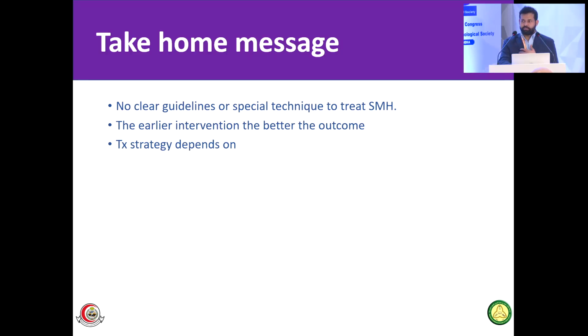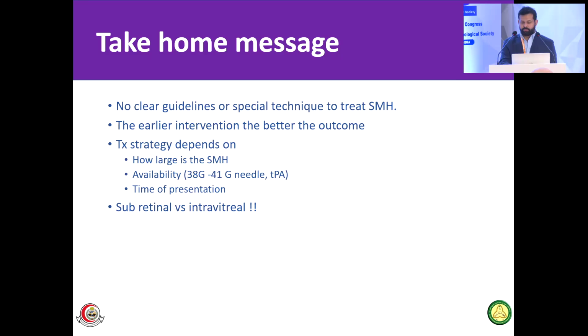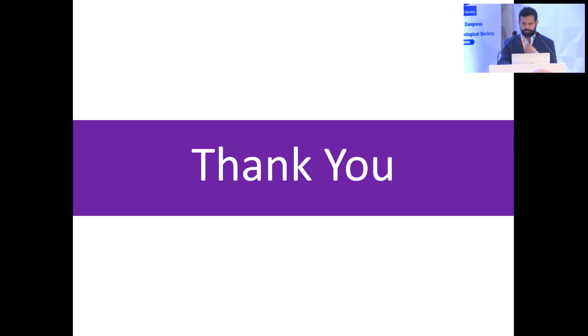Treatment strategy depends on how large the submacular hemorrhage is, the availability of the instruments that you can use, which is the availability of the 41 or 38 gauge cannula and the TBA in the OR, the time of presentation, and your preference to go office-based, with a less invasive intravitreal injection, compared to going to vitrectomy along with subretinal TBA. Thank you very much.